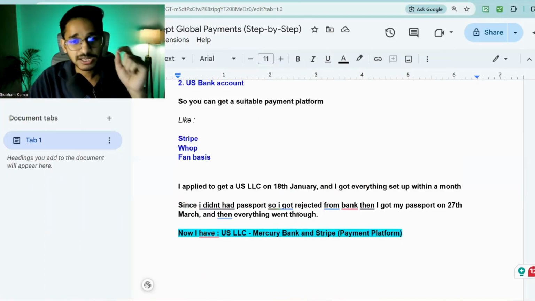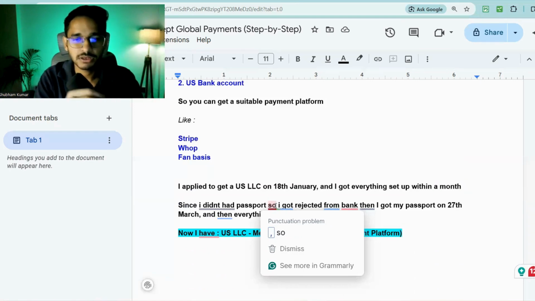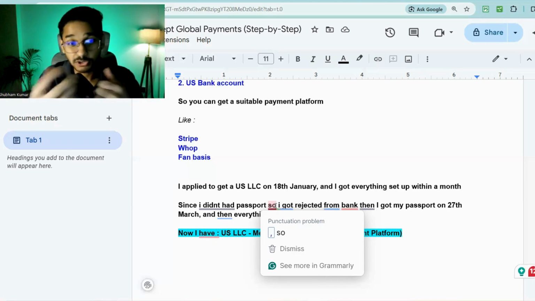I applied to get a US LLC on 18th of January, and I got everything set up within a month. Since I did not have my passport, I got rejected from the bank. After I got my US LLC, I applied to get a US bank account, but it got rejected because I did not have the passport with me, right?